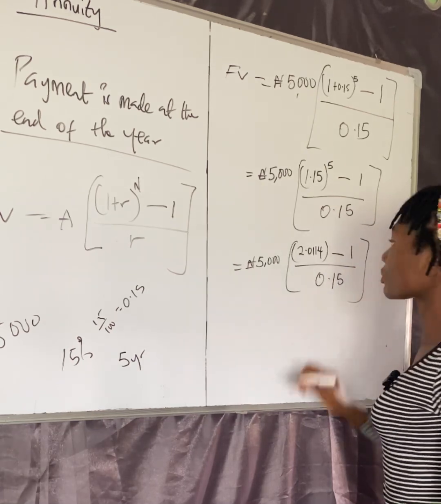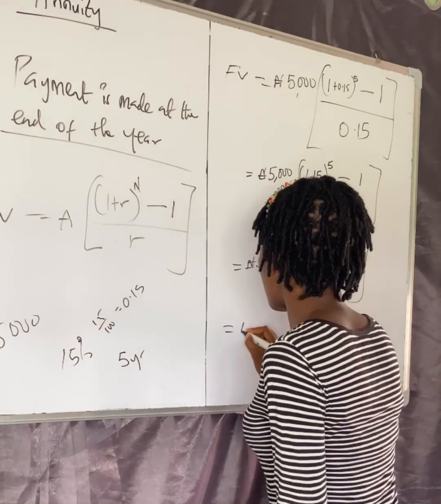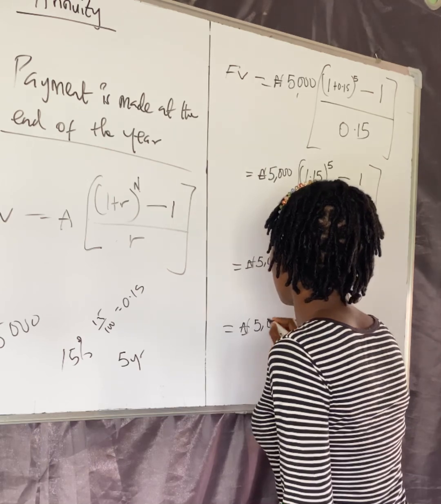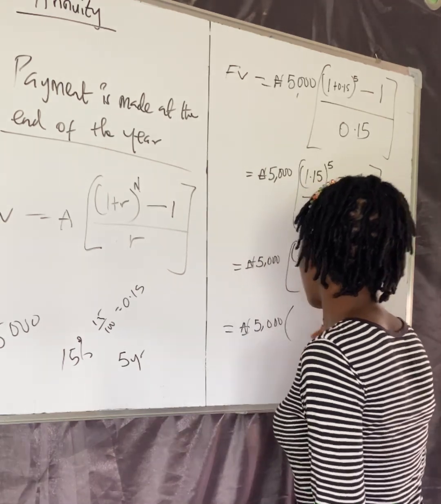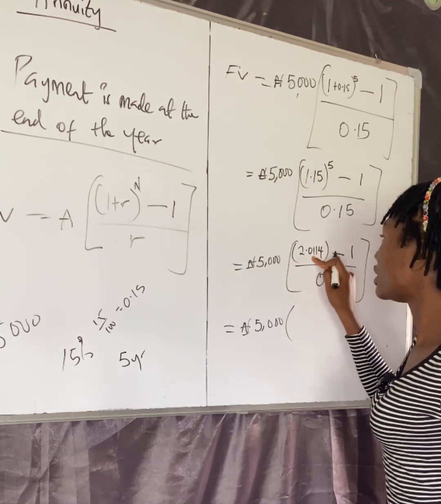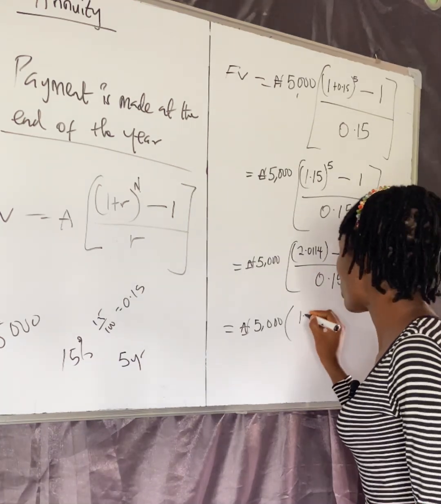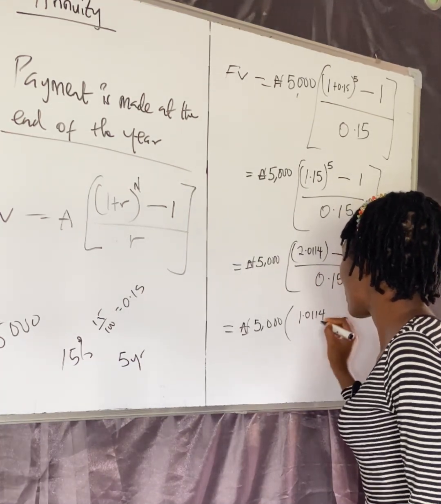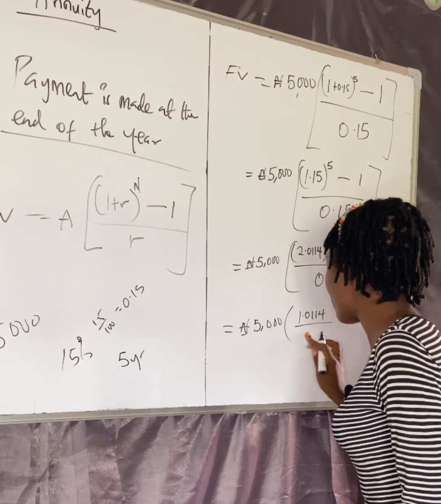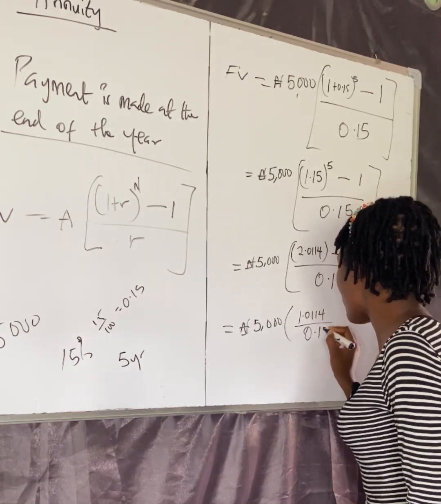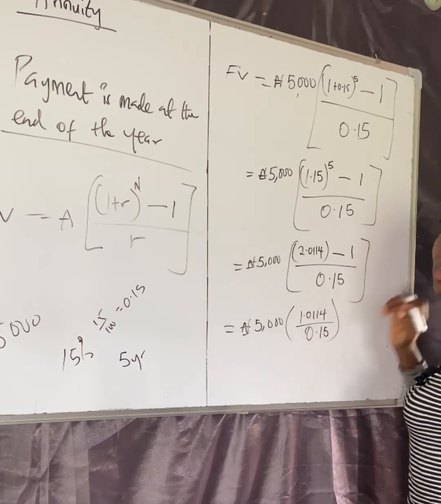So what we have next is that same annuity amount, 5,000 naira. 2.0114 minus 1, we'll be having 1.0114, divided by 0.15. So we have reduced our bracket work.